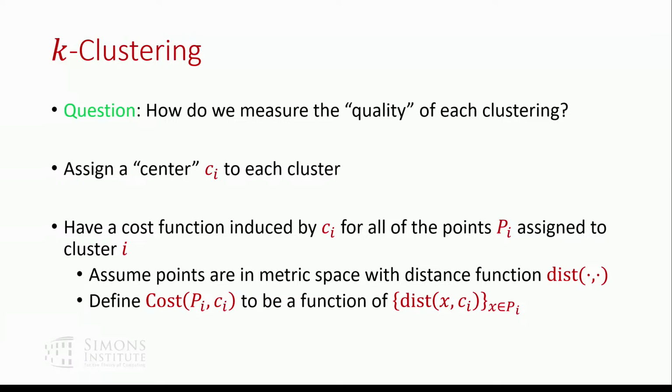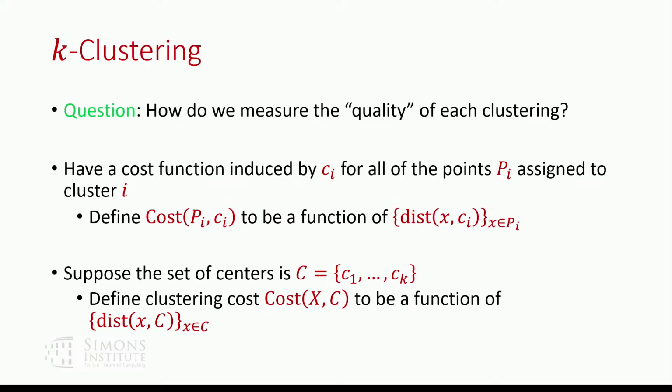For each cluster of points, Pi, the cost induced by Pi due to the center Ci is some function of the distances of the points in the cluster to the center. More generally, the overall clustering cost is a function of the costs induced by each partition. So this is the overall clustering cost.